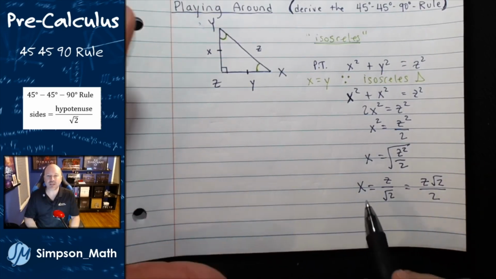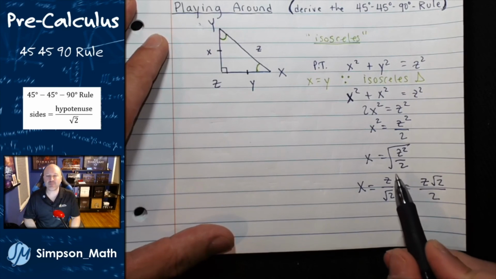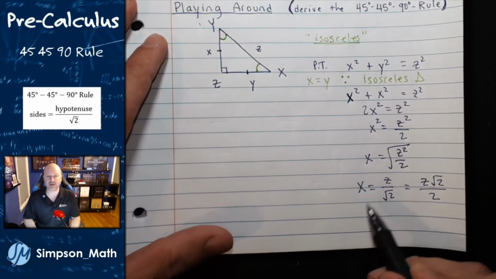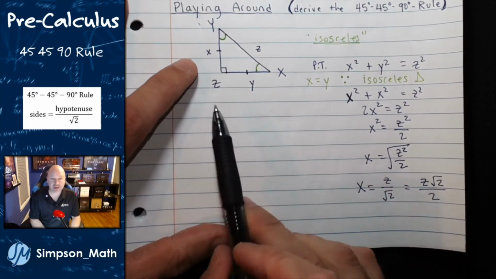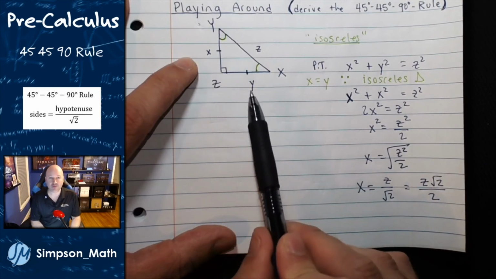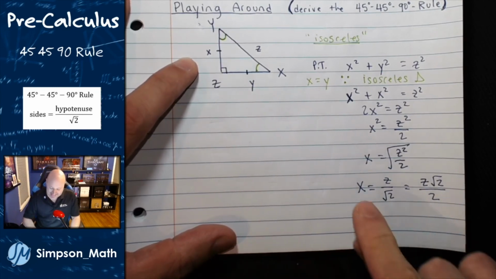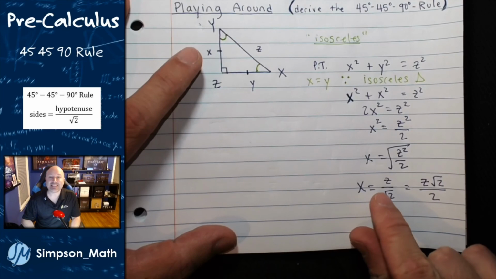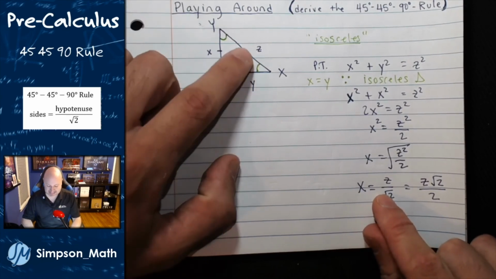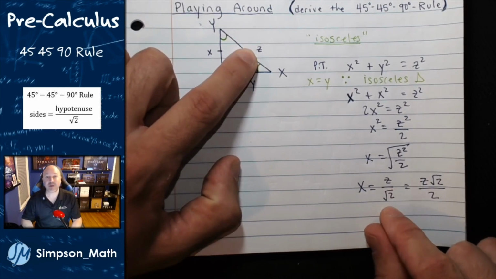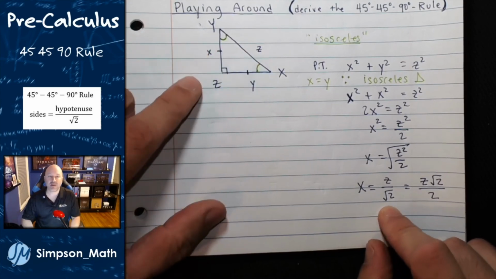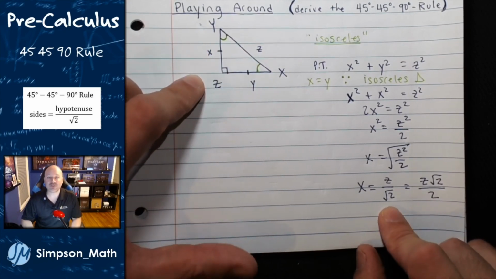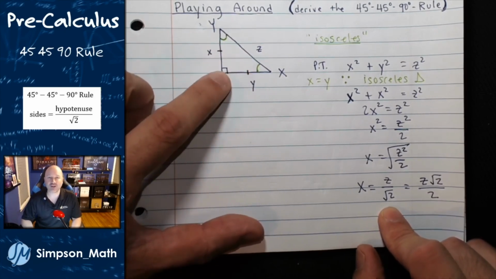But let's look at this relationship and let's put in English what is going on here. We said if we had a situation where x and y were the same, then x is equal to z divided by the square root of 2. So this is a relationship that's always true for 45-45 right triangles.